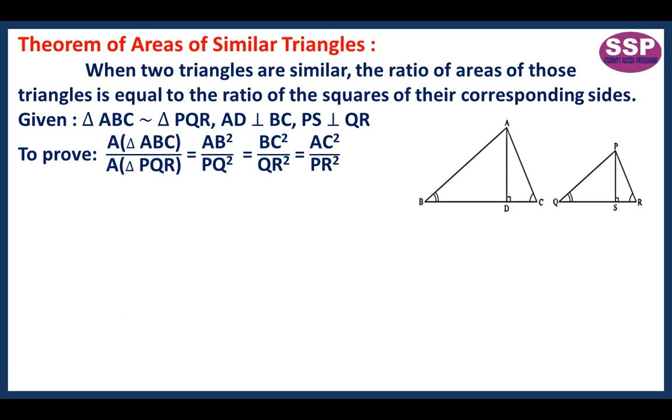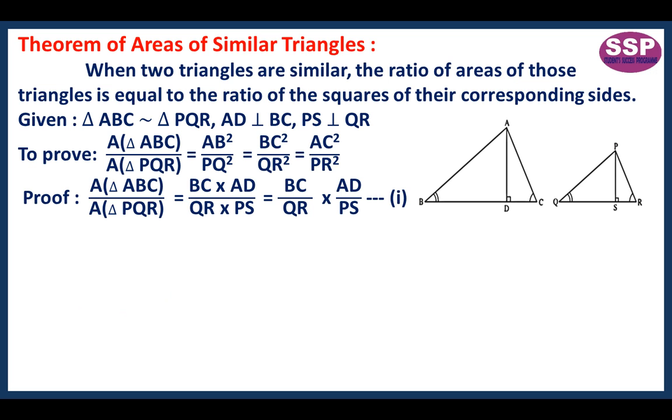That means it is equal to AB square upon PQ square is equal to BC square upon QR square is equal to AC square upon PR square. These are the ratio of squares of the corresponding sides of these two triangles.